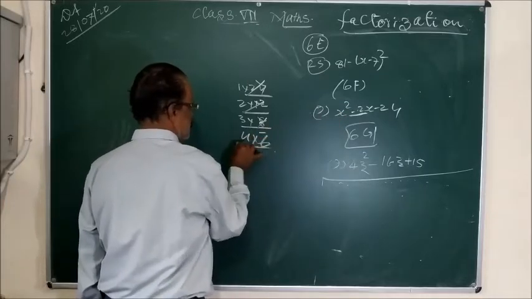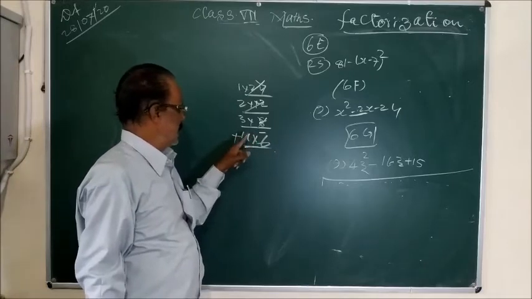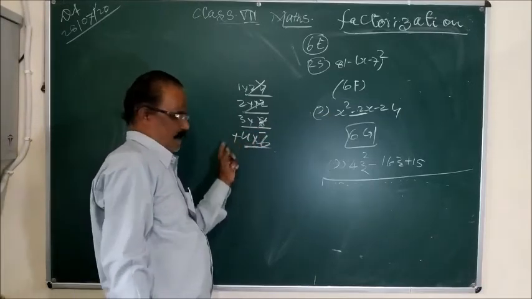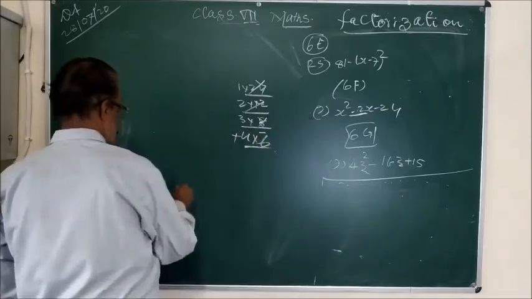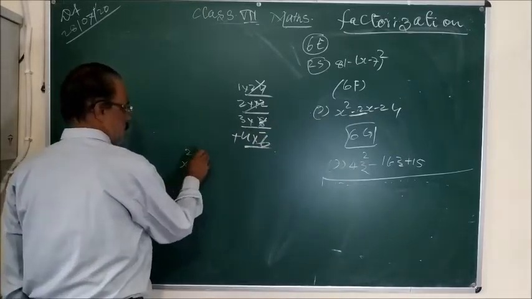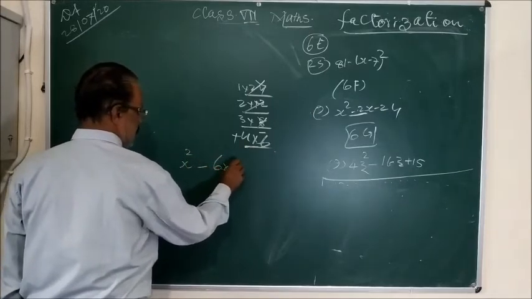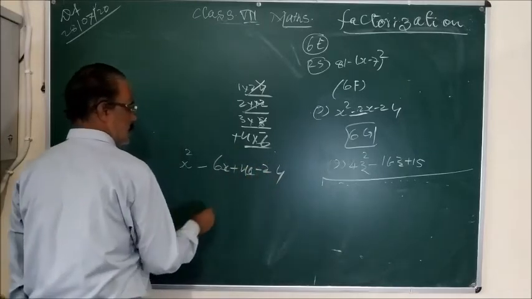This will be minus 6, this will be plus 6. तो क्यों होगा? क्योंकि ये नेगेटिव है तो नेगेटिव बड़ा नंबर नेगेटिव. यदि साइन को उल्टा कर देंगे तो प्लस 2 आ जाएगा, गलत हो जाएगा. So this will be split, x square minus 2x को split कर लेंगे, minus 6x plus 4x minus 24.